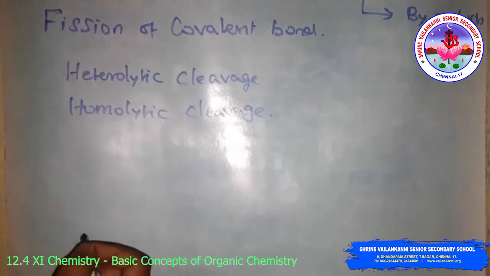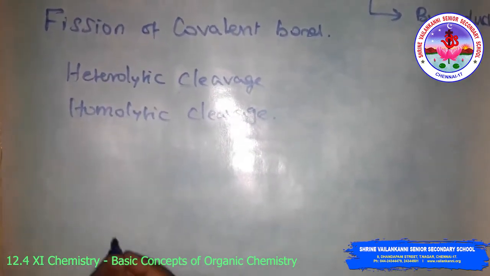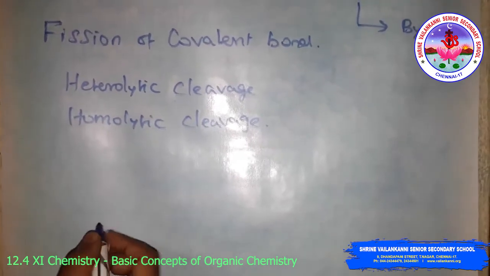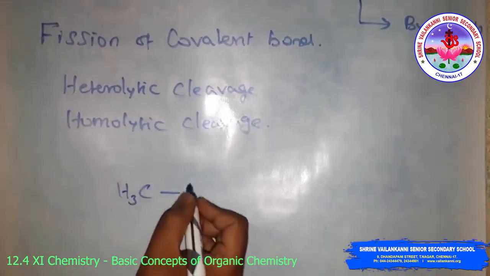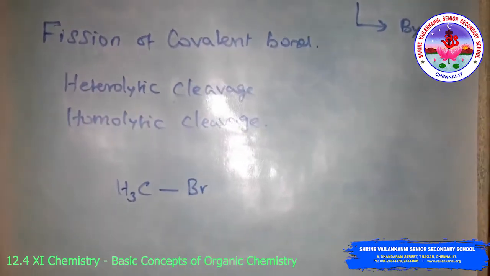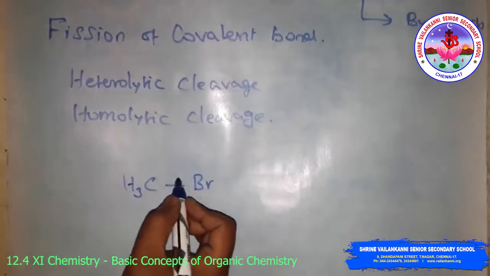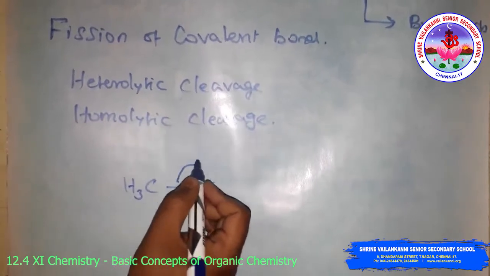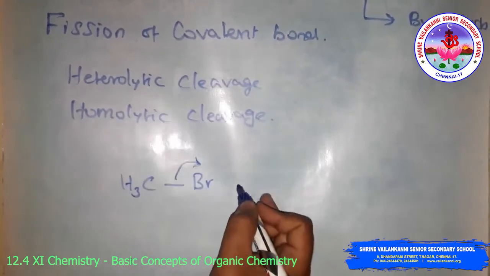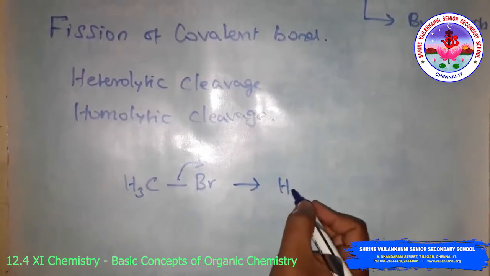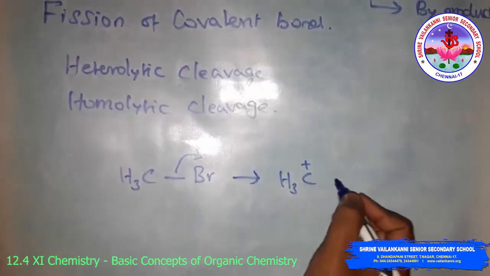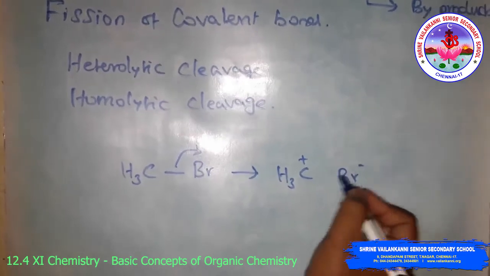So for the heterolytic cleavage of bromomethane, the single bond shifts to the bromine. That means the carbon gets a positive charge, giving CH3+ and Br minus.